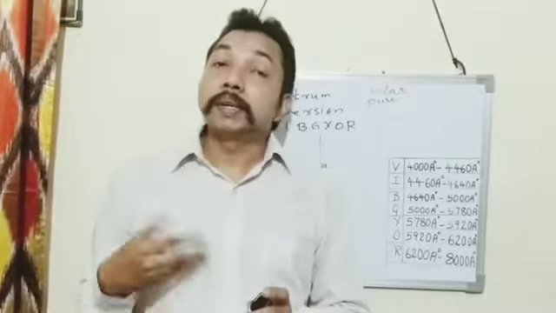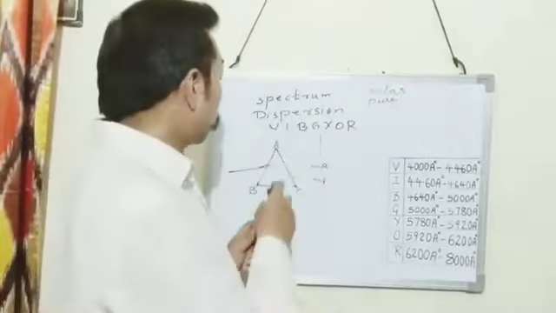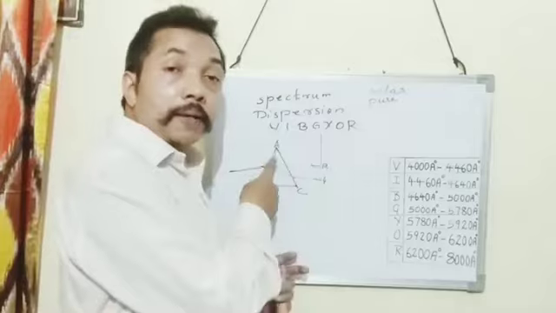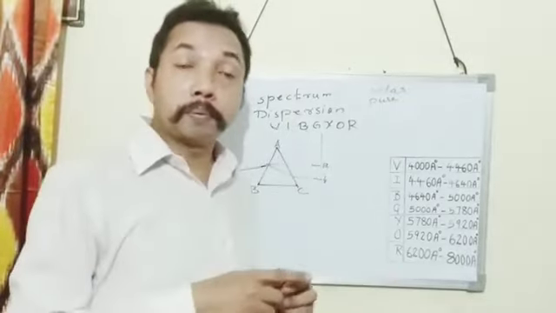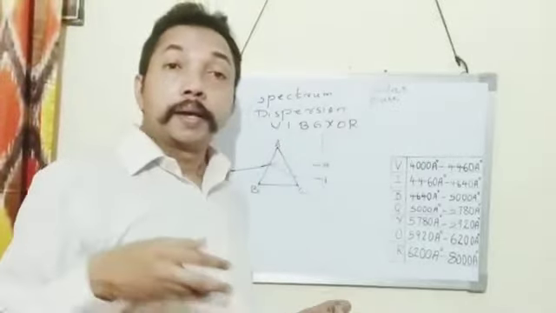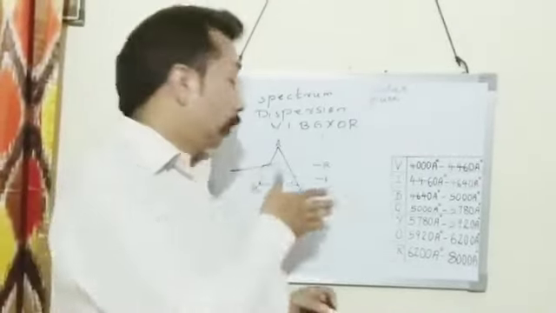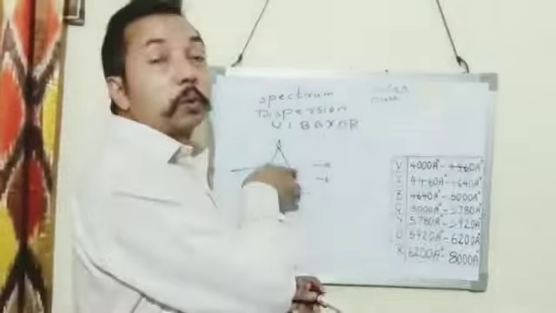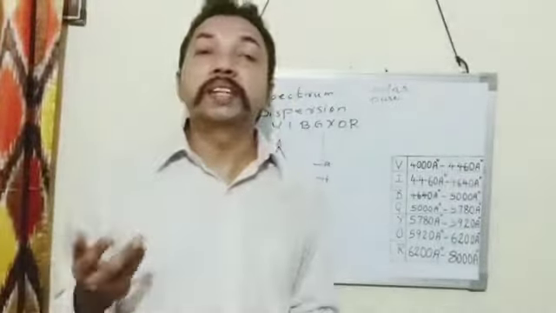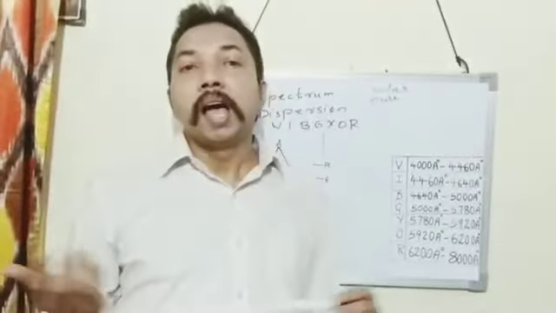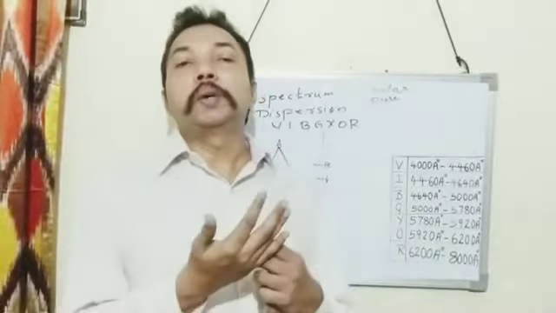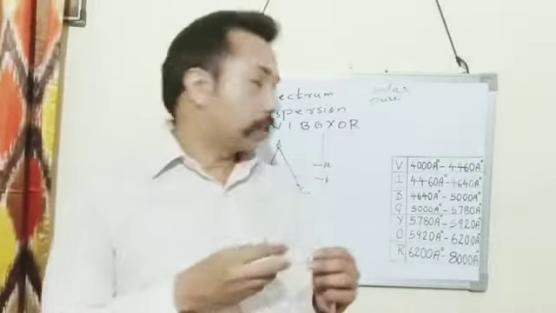Then what is impure spectrum? Suppose that we are not using a ray of light. We send a beam of white light through the prism. Then a number of rays will pass through the prism, and each ray will produce its own spectrum, and these colors will overlap each other.